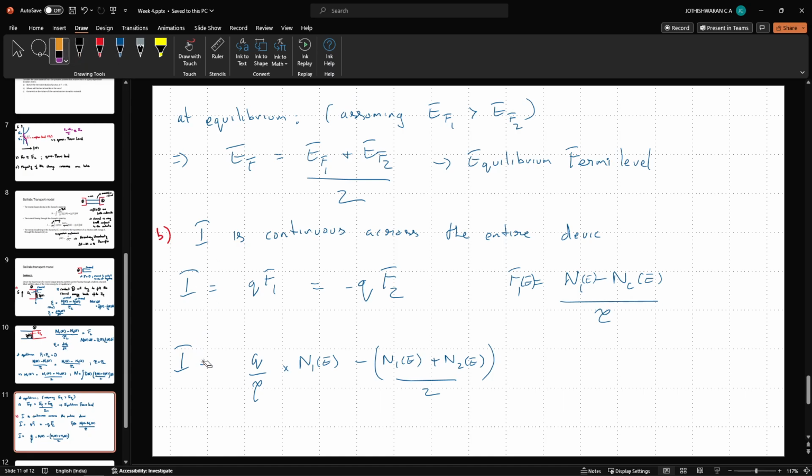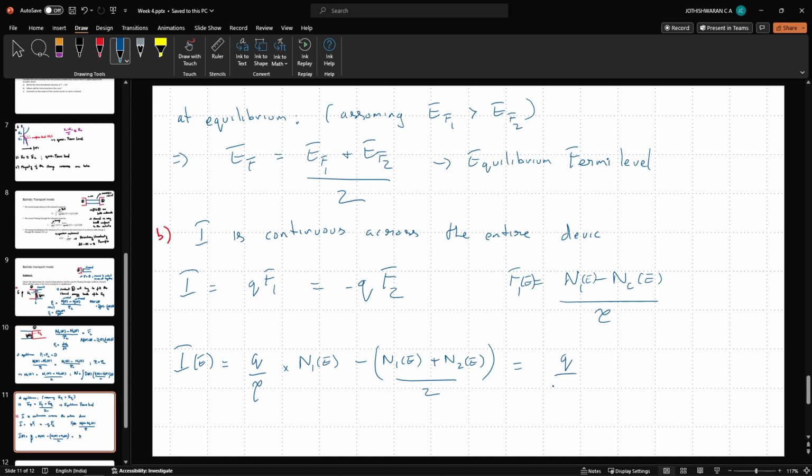Essentially what I'm saying is this is the current, the rate of change of charge at a particular energy. So this is I of E. Again, a d should be present here, but just for the sake of convenience I'm dropping it.